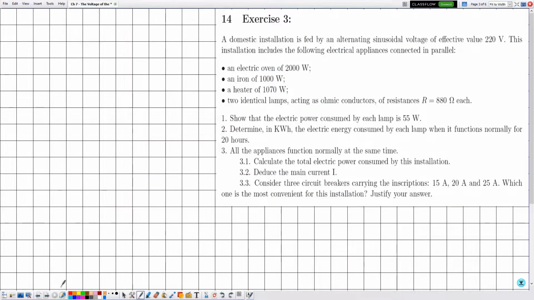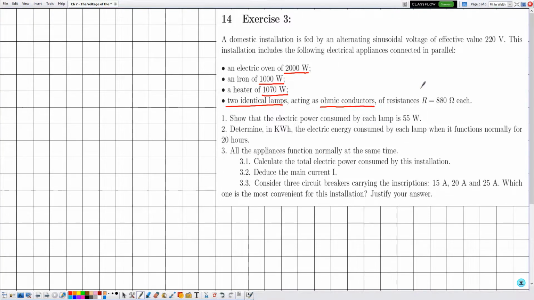Now moving to exercise number 3. They are telling me a domestic installation is fed by an alternating sinusoidal voltage of effective value 220 volts. This installation includes the following electric appliances connected in parallel. So we have the electric oven, the iron, the heater, and 2 identical lamps acting as ohmic conductors.